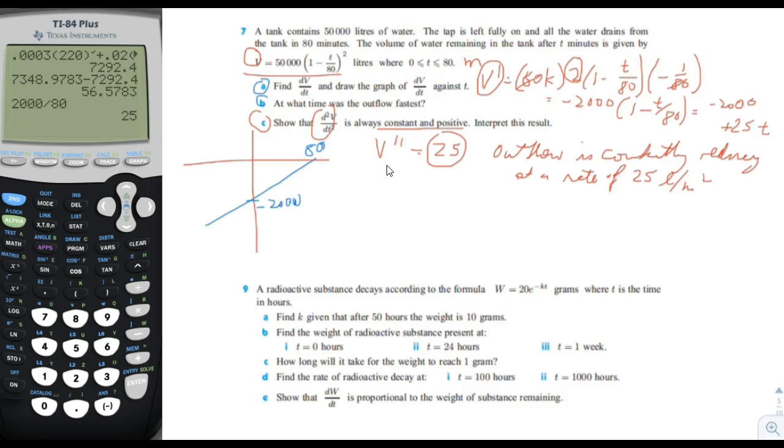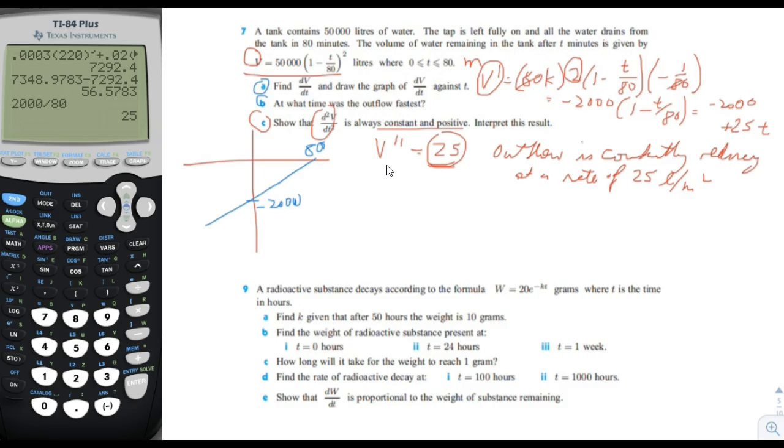Okay? It's plus 25, so it makes it look like it's increasing, but actually the outflow is a negative number. And since the rate of change of the outflow is a positive number, that means that the outflow is getting steadily less fast.